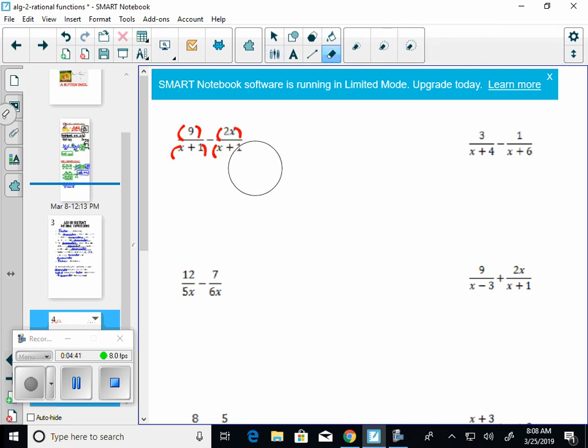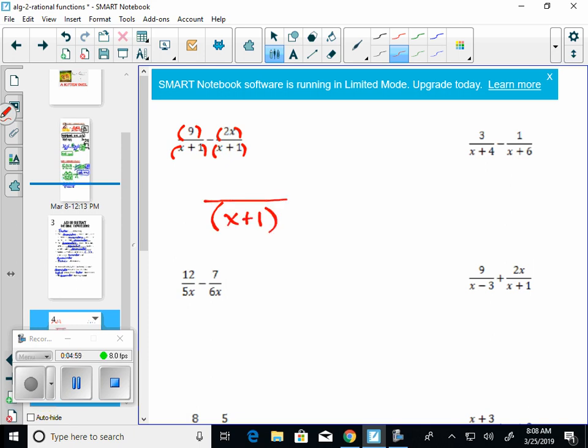And so as I'm looking, what kind of problem is it? Subtraction. Does it have a common denominator? Yes. So all you have to do is take that common denominator of x plus 1. That goes on the bottom. And then you combine the numerators. So this says 9 minus 2x.